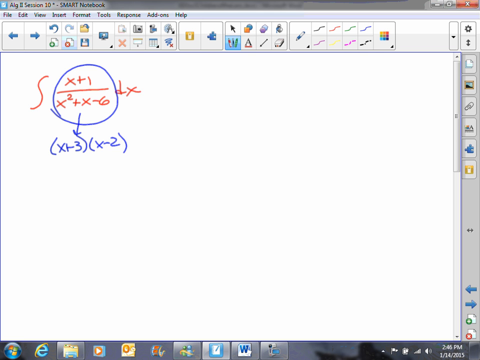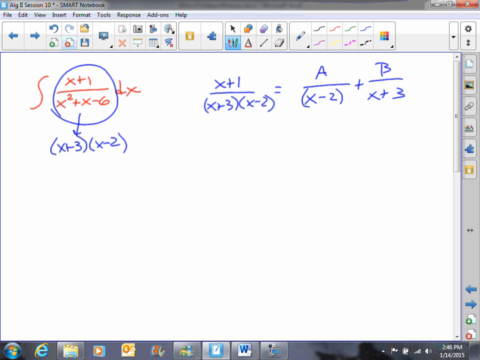So the way we start out with this is we say, well, x plus 1 over x plus 3 times x minus 2 should be equal to some number a over x minus 2 plus some number b over x plus 3. And what we'll endeavor to do is find the values of a and b to give us this numerator.